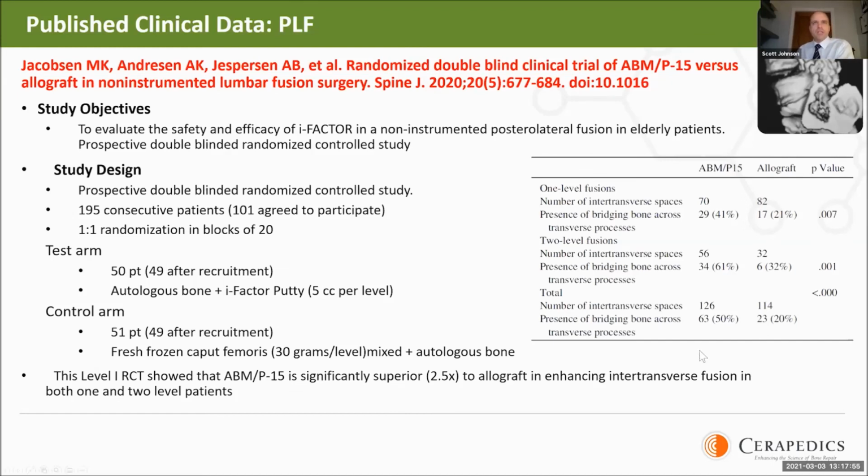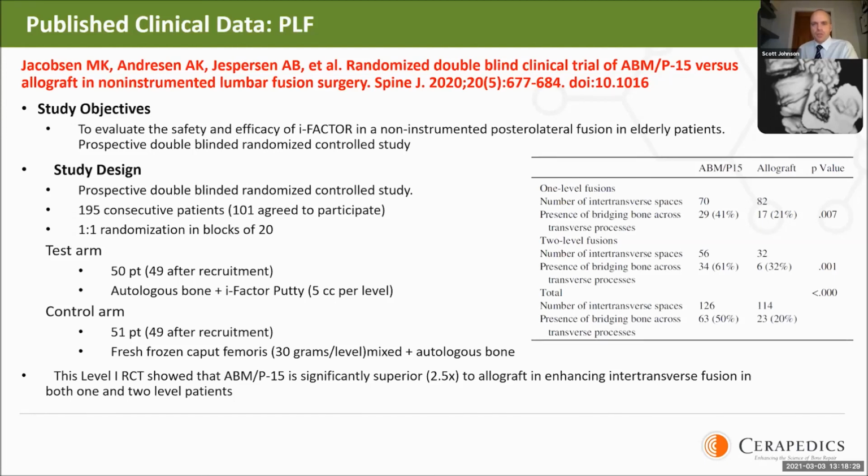So the final study here I just want to mention is our latest study, which involves fusion in a very challenging environment. This patient group was treated with non-instrumented posterolateral fusion in elderly patients. The study was conducted in Denmark, and we're just about to publish the long-term clinical outcomes from this study, but short-term at 12 months, iFactor was shown to yield a much higher fusion rate compared to the control arm.